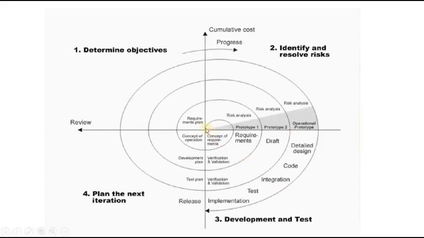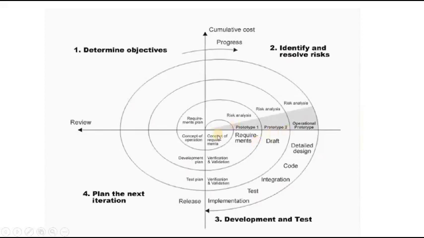This is the spiral model. This is the point of start. Firstly, start from requirements plans. Secondly, the concept of requirements, then the concept of operation. And here, this is prototype 1.